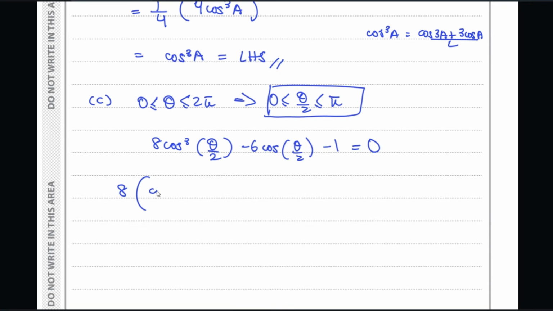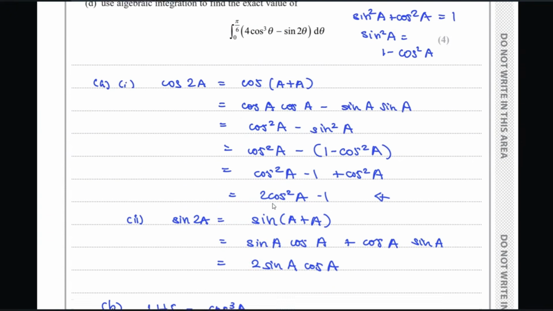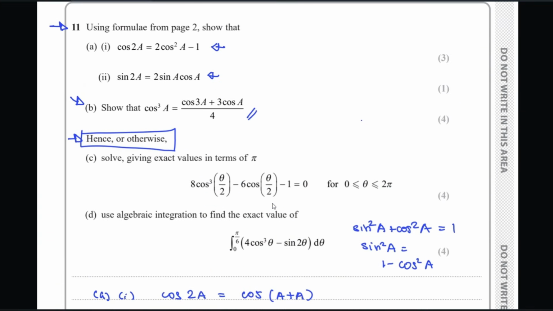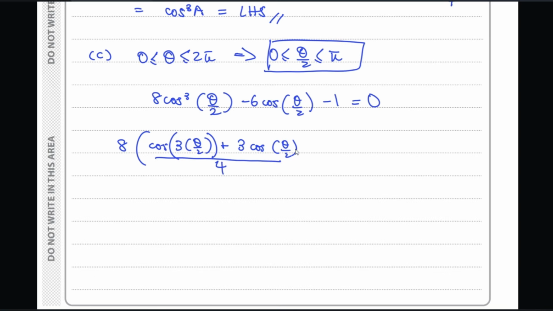So that turns into cos 3 theta over 2 plus 3 cos theta over 2, everything divided by 4. I think it's 4. Did I write 2? Yeah, it's 4. Okay, and then minus 6 cos theta over 2 minus 1 equals 0.